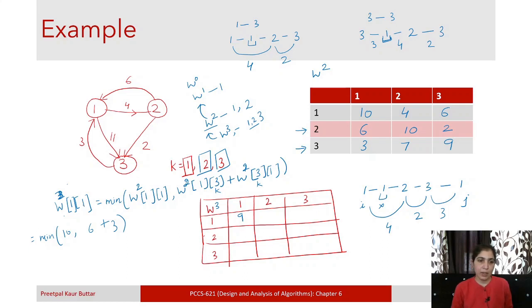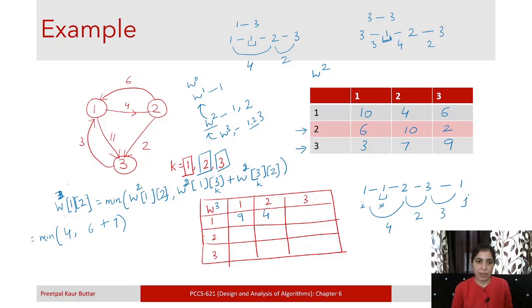Okay, now let us go to the next cell. Now j is 2. W12 is 4, W13 is 6, W32 is 7. So we have already the better path. So we will not include vertex 3 here.